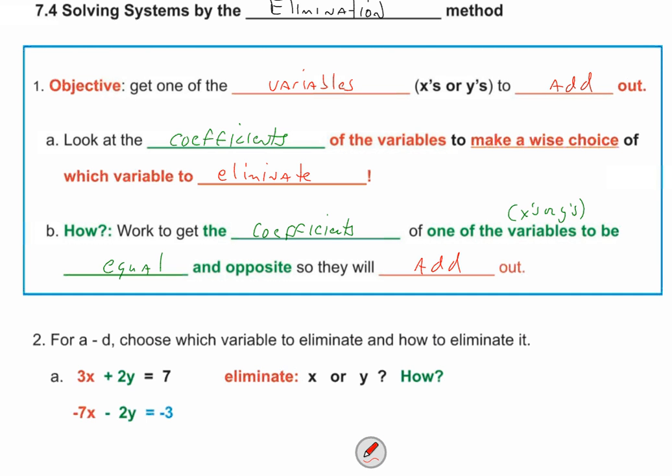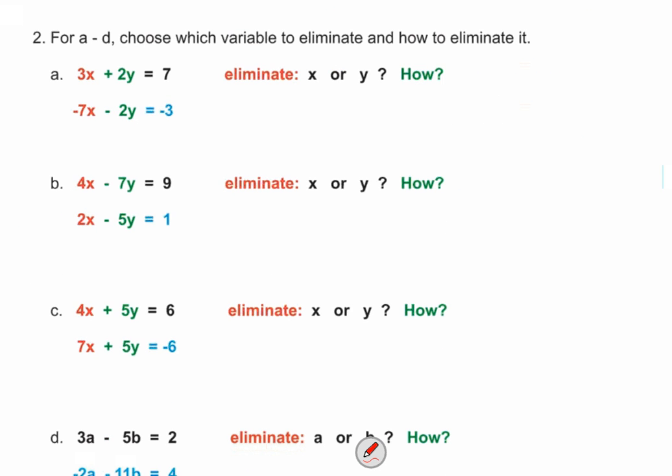So let's practice first determining what to get rid of, x or y. So again, let me back up a second and remember in higher level math, you always must start with what do I have?